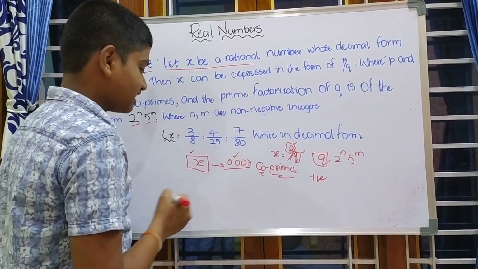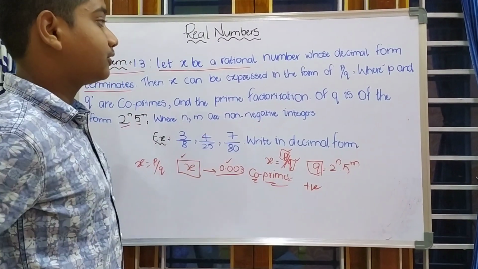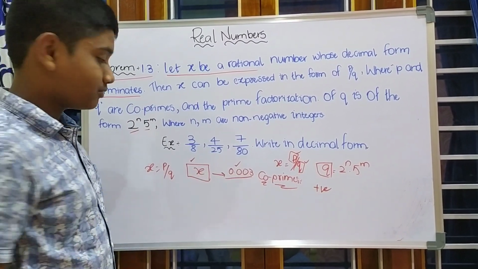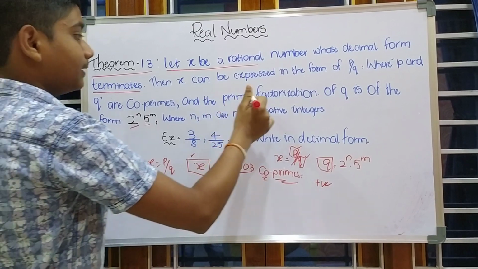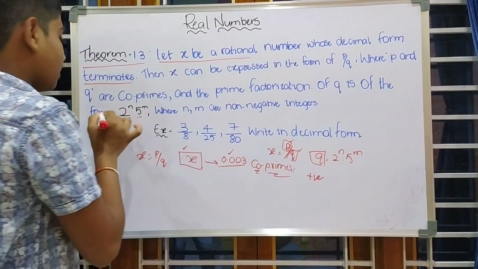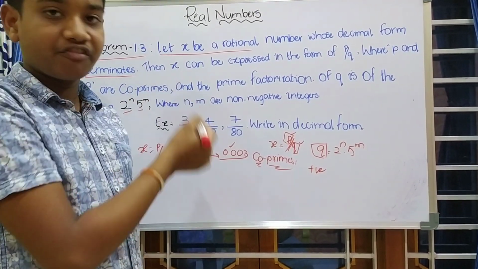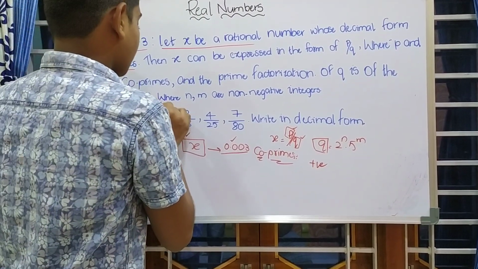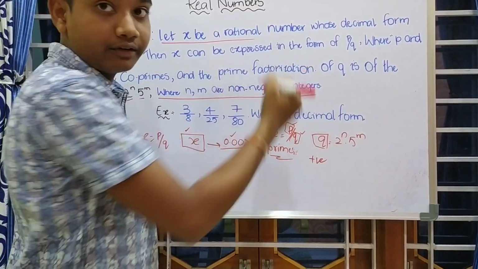So x is equal to p by q, where p and q are co-primes, which have one as the common factor, and the prime factorization of q is of the form 2 power n and 5 power m, where n and m are non-negative integers.